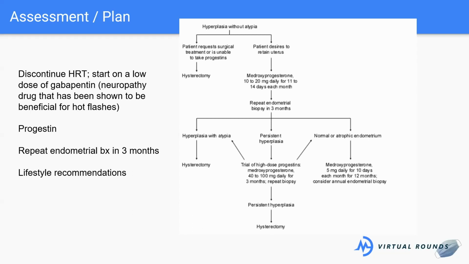Gabapentin is a GABA modulator that is often used for neuropathy. So patients with diabetes who have that burning sensation and pins and needles in their feet, gabapentin can help that. It can also help with hot flashes. So it's something we can consider with this patient too, starting since we are taking her off of her hormone replacement therapy. Okay.